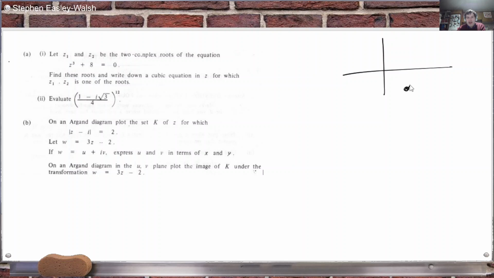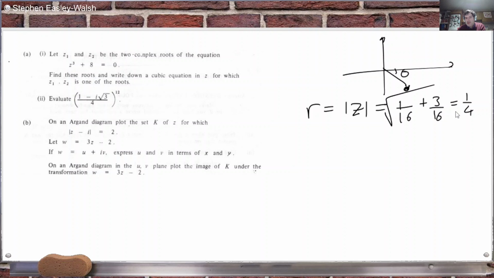Okay, so the r, which is the modulus of Z, is a quarter squared plus root 3 over 4 squared, which is 3 over 16, which is 4 over 16, which is 1 over 4.